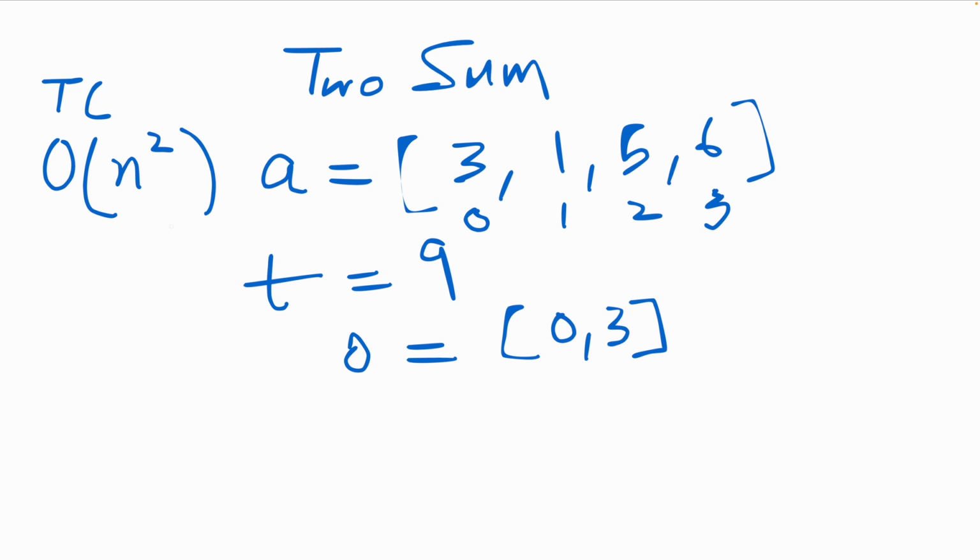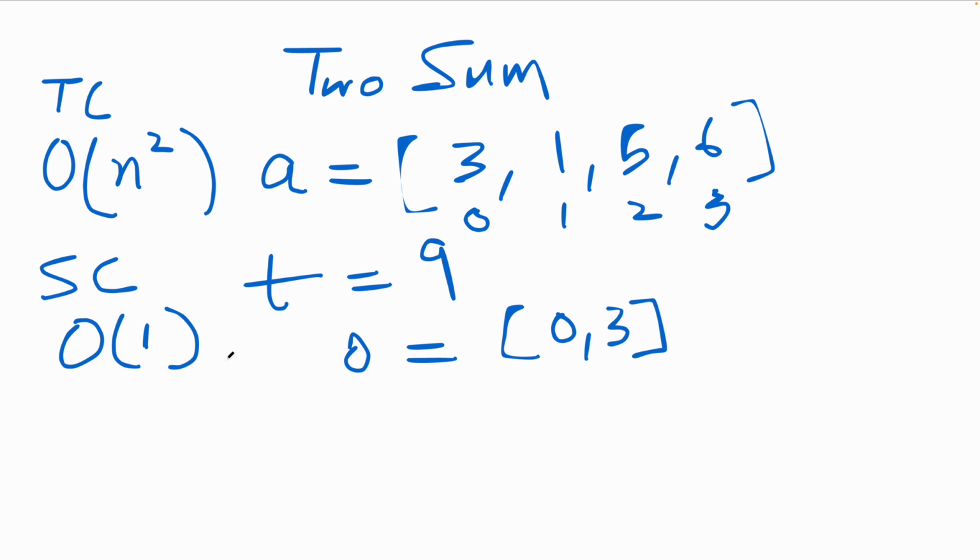So that leads to a time complexity of O(n²). Also, we are not using any extra space, so the space complexity is constant in this brute force approach, so it will be O(1).